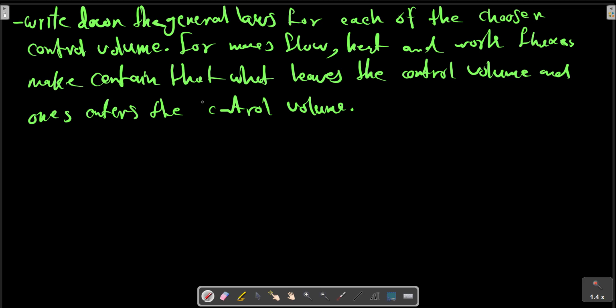When the equations are written down, use the most general form and cancel terms that are not present.